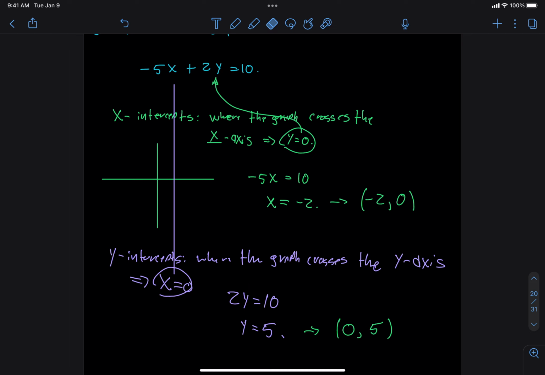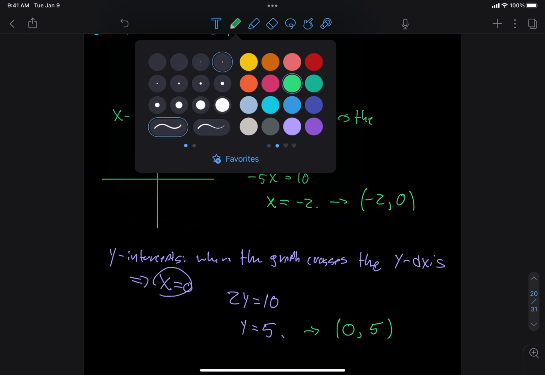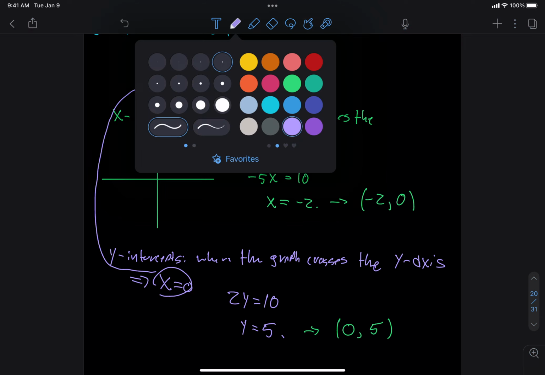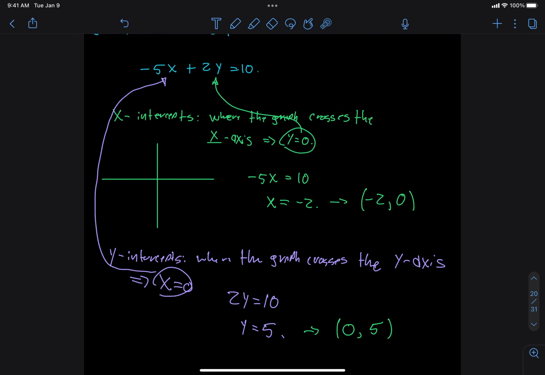The useful thing about finding these intercepts is that now we can do a graph of this equation. I didn't even have to translate this into slope-intercept form or point-slope form. All I did was plug in 0 for x, and then I plugged in 0 for y.